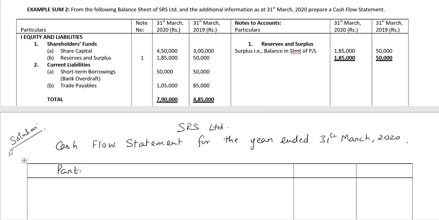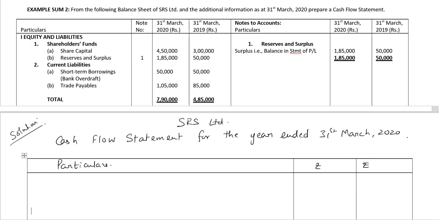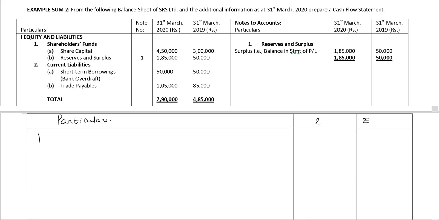Particulars, inner column and the outer column. We'll begin with Roman number 1, cash flow from operating activities.